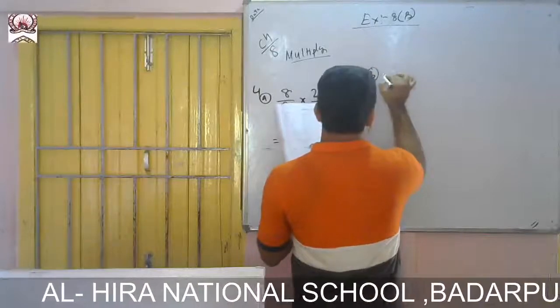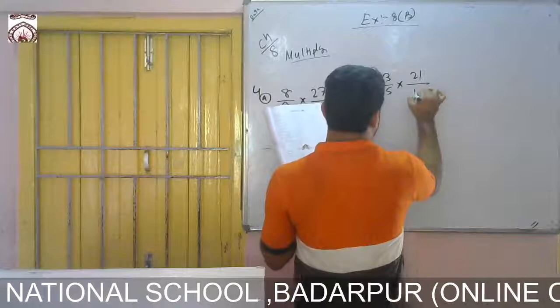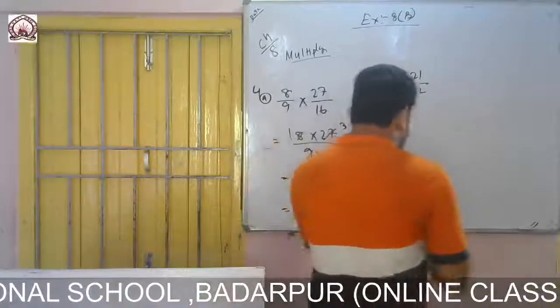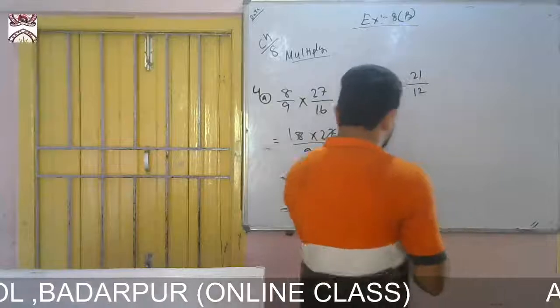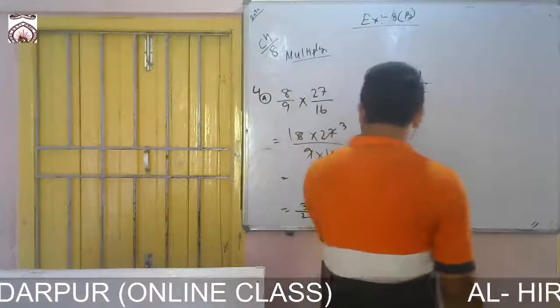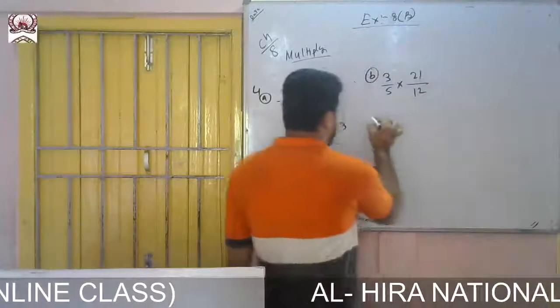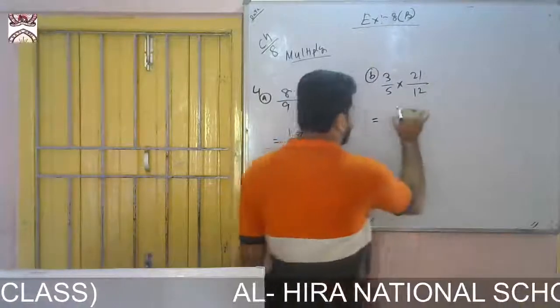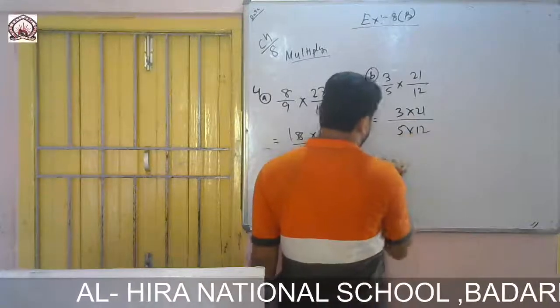What is there? 3 by 5 into 21 by 12. So now you see 3 into 21 by 5 into 12.